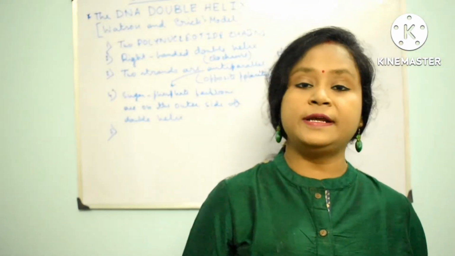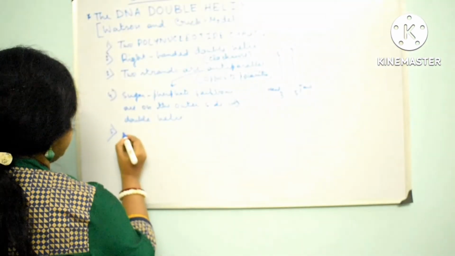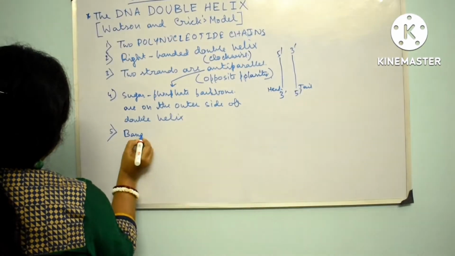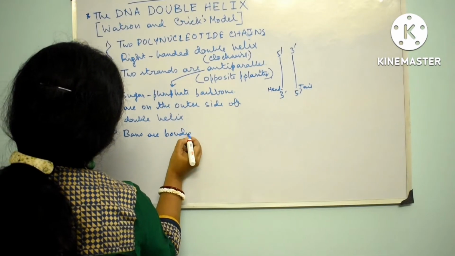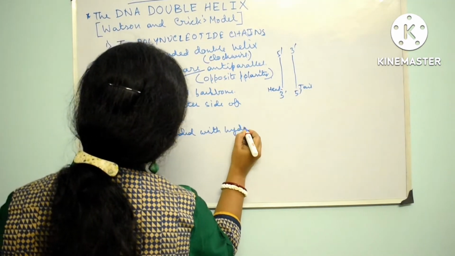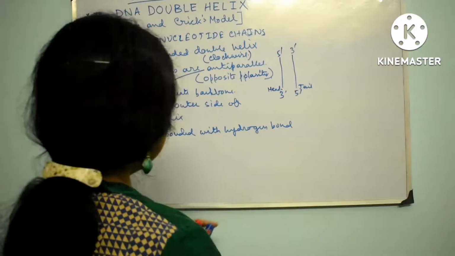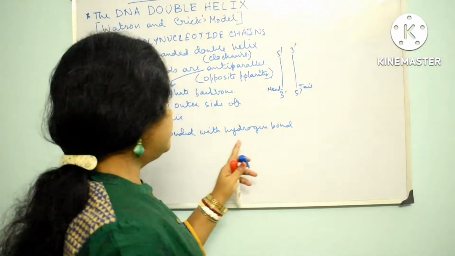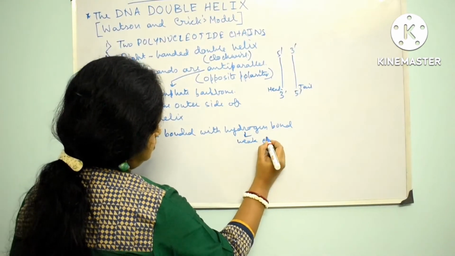The two polynucleotide chains are held together with hydrogen bonds. Bases are bonded with hydrogen bonds. This hydrogen bond, as all of you know, is a weak chemical bond, not so strong.